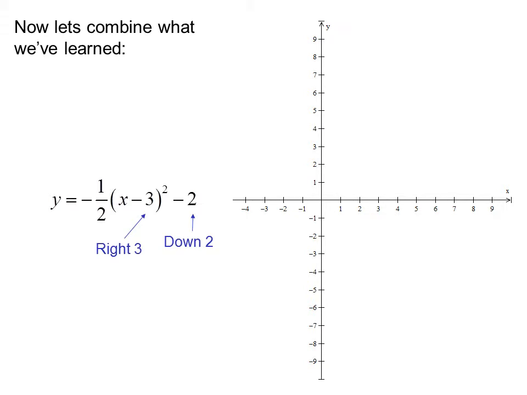And because we have a -2 at the end, the graph has been moved down 2. So our vertex, which starts at the origin, has been moved right 3 and down 2, so it will be at 3, -2.